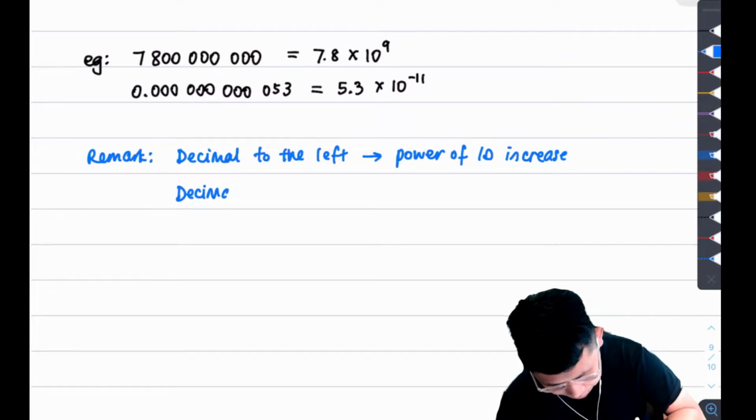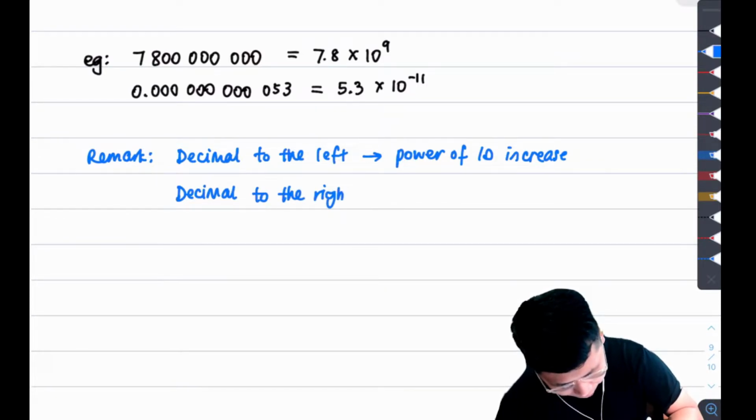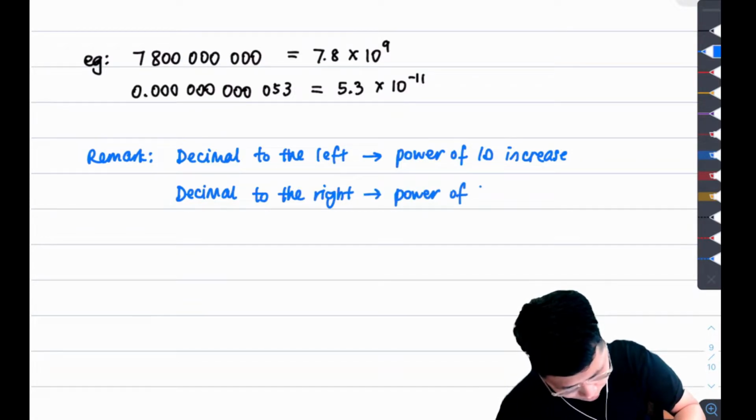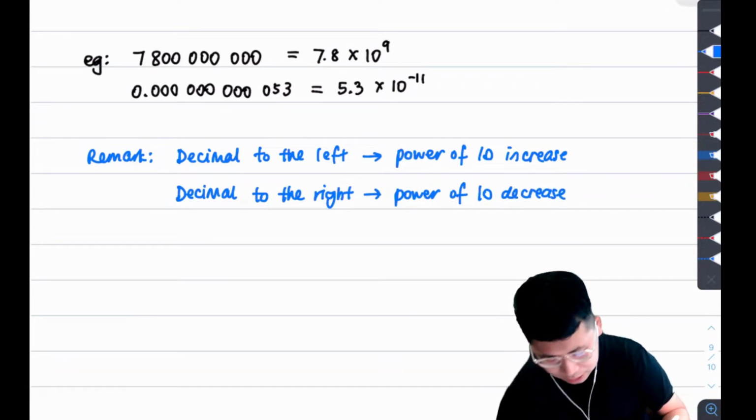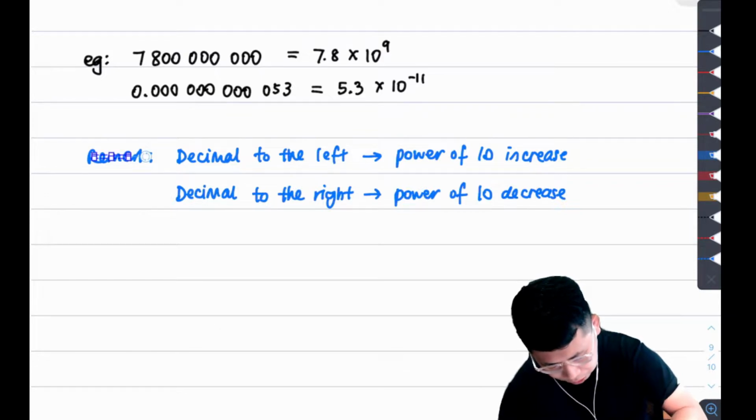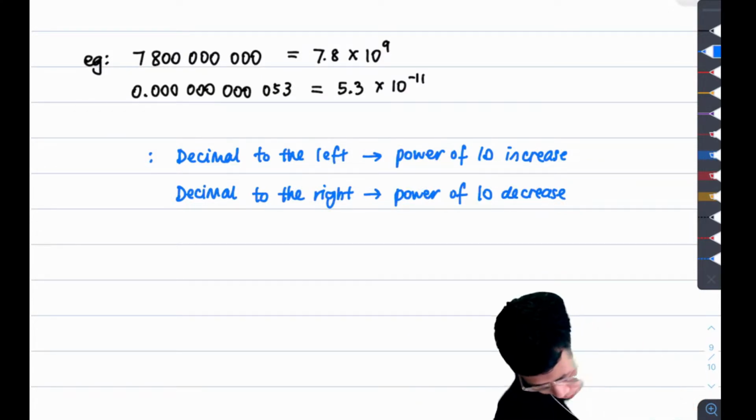Then if the decimal moves to the right, this is just a shortcut, your power of 10 would decrease, would minus. Okay, so this is a shortcut.